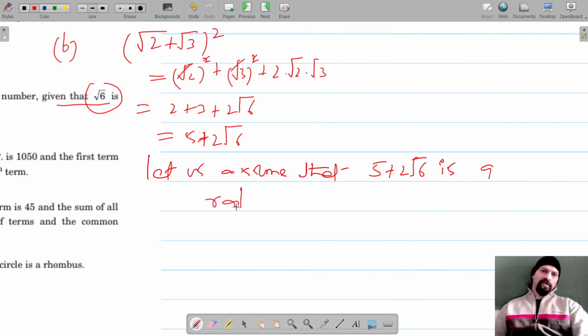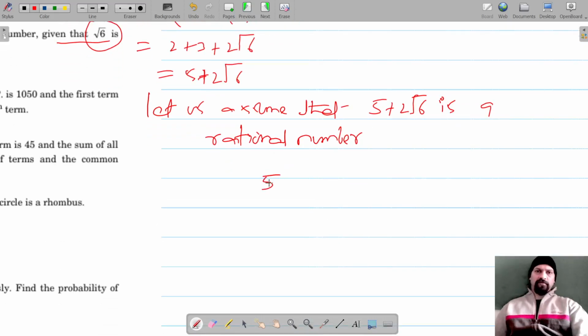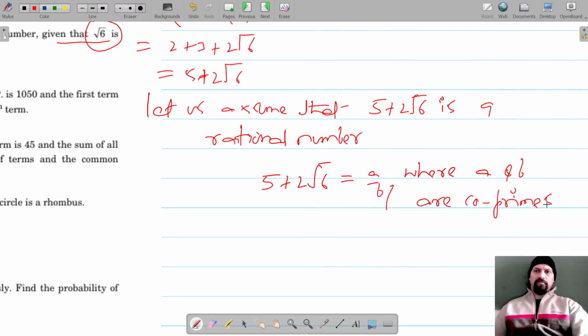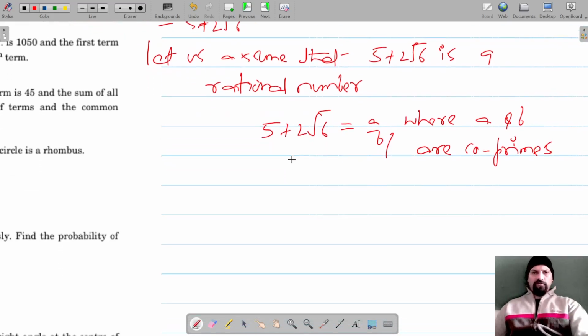So we have assumed that 5 plus 2 root 6 is a rational number, and we know that a rational number is the one that can be written in the form of a by b, where a and b are co-primes.